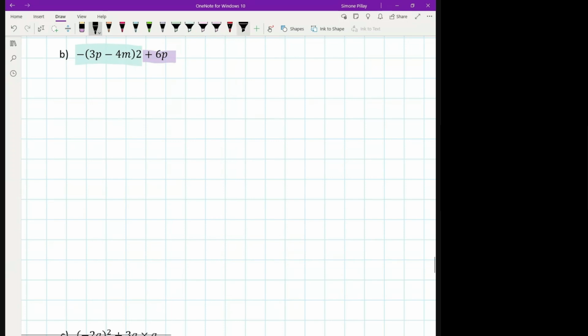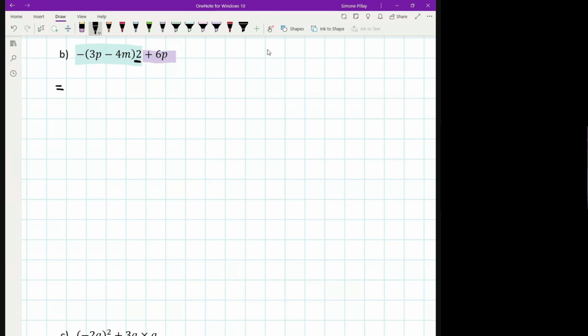Yes, ma'am. Now that we know the terms, we have to simplify them. But before we confuse ourselves, this is a little bit different. Do you see there's a 2 at the end here? Yes, ma'am. But it's being multiplied to the bracket, because there's no sign separating it, which means it's multiplication.